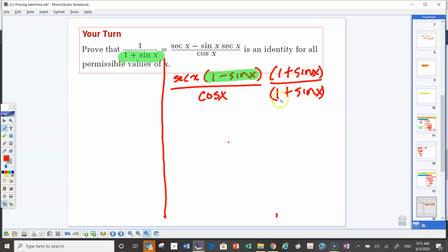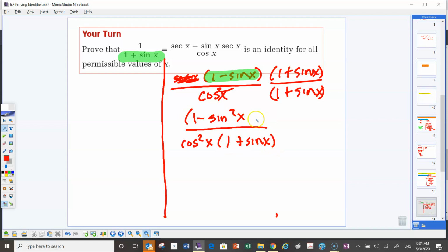And before I multiply those out, I'm going to move this secant down to the bottom. So if I move this down to the bottom, it becomes another cos, so this really becomes cos squared. So now when I multiply out the tops, I'm going to get 1 minus sine squared x over cos squared x times 1 plus sine x, and 1 minus sine squared x, according to our Pythagorean identities, is cos squared x.